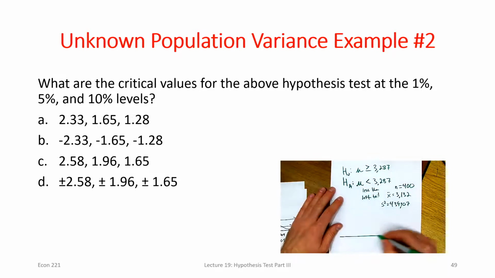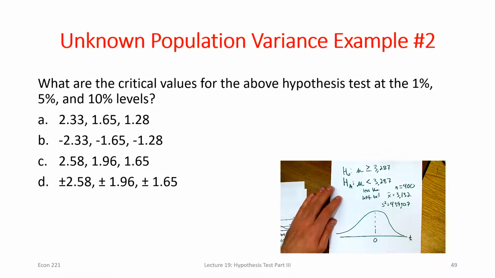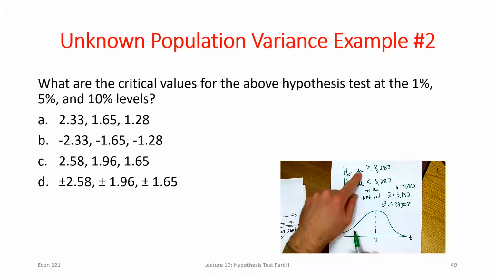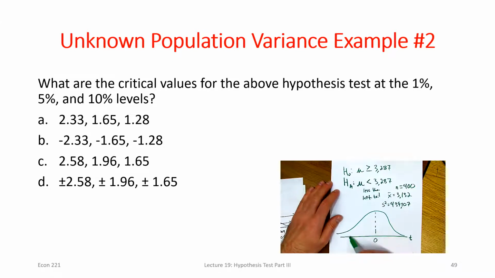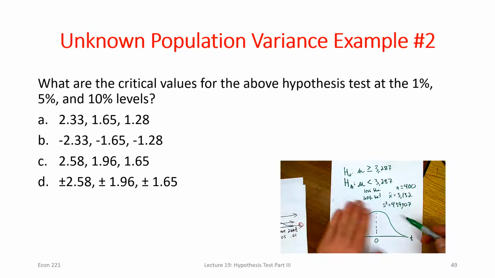Just like the standard normal distribution, the student t-distribution is centered with a mean of 0. So is my standard normal. So for a left-tailed test, the only evidence that goes against the null are things that are on the other side of 3,287. So with a left-tailed test, my critical values would always be negative.